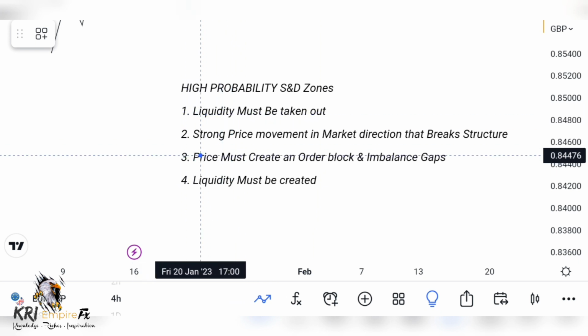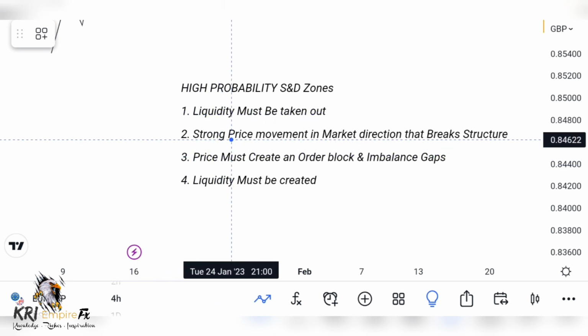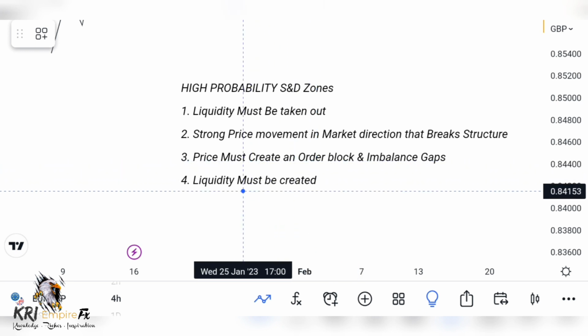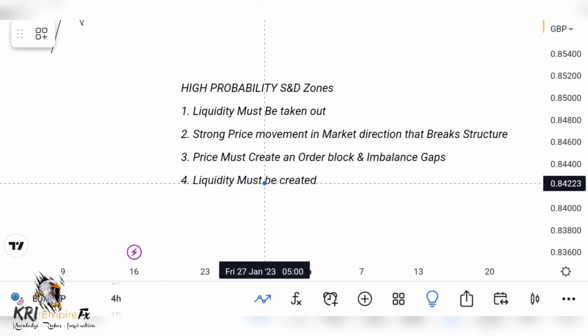Then secondly, there must be a strong price movement in market direction that will eventually break a certain structure. And in doing so, price will create an order block, and also it will create an imbalance gap that the market will have to fill. And also liquidity must be created in the process.